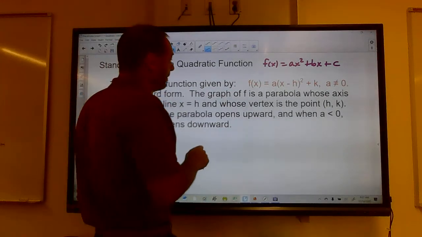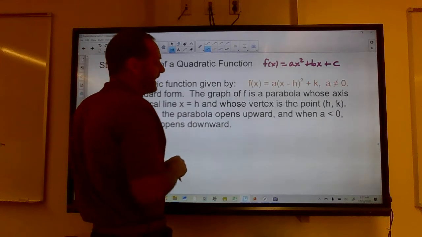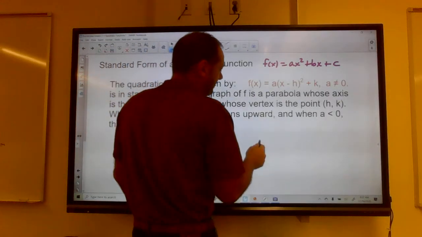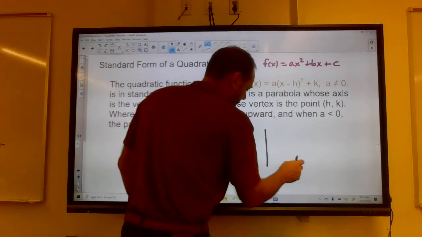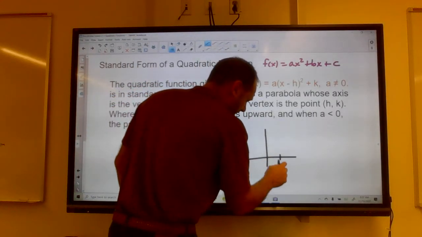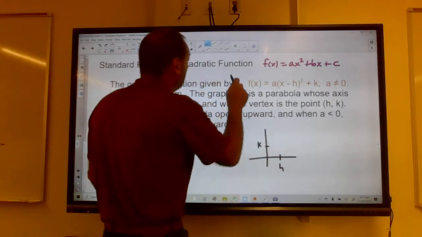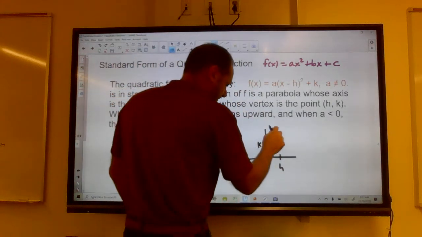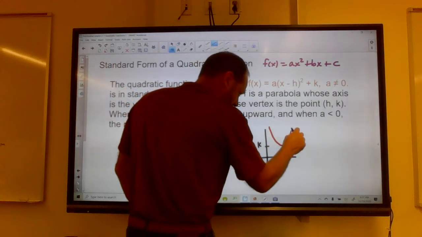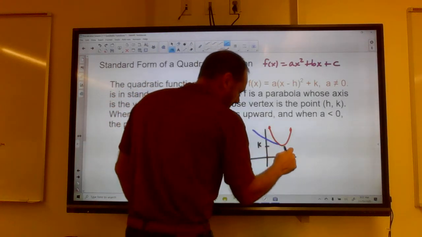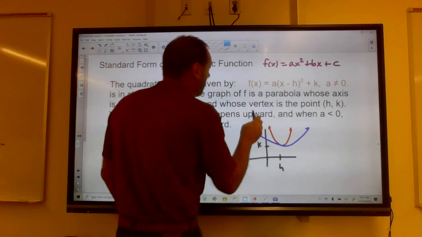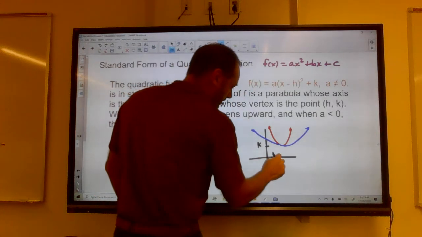Now I also need to know another point that's on the graph, because there's a lot of parabolas that have hk. All right, so for example, if I go out here, here's h and here's k, I could have this parabola right here, or I could have this parabola right here, or I could have this parabola right here.